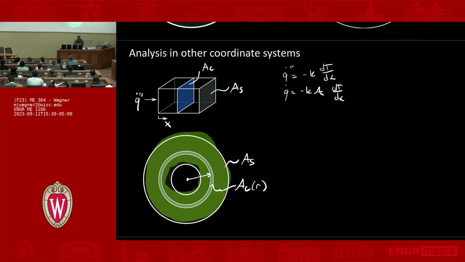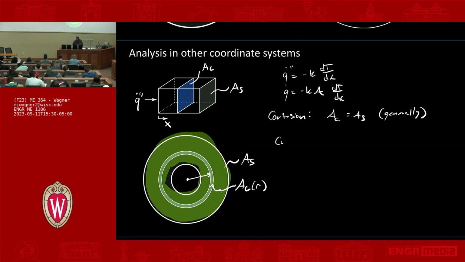Okay, let me give you the takeaways here. For Cartesian, normally A_C is equal to A_S, generally. Not always true, as in the homework you're going to do, but if it's a rectangular system, that's usually the case.